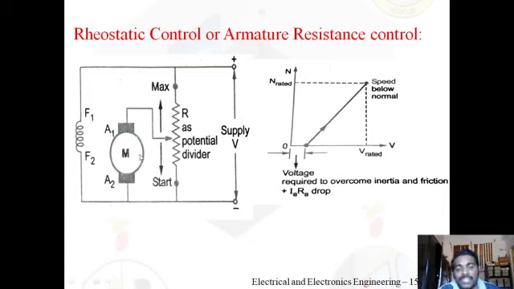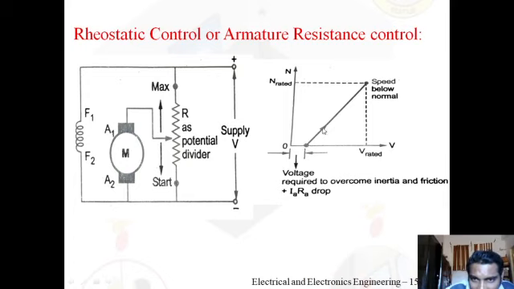Earlier, at the start point, the voltage was zero. Now some voltage is coming across the armature. As the voltage increases, we know that the speed is directly proportional to voltage, so the speed of the machine starts increasing.